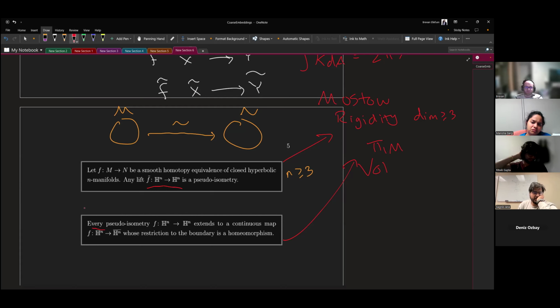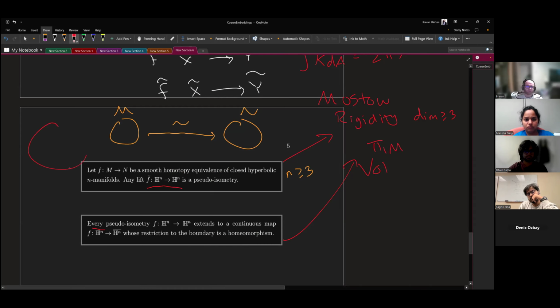So the goal here is that you can take a smooth homotopy equivalence and lift it to a continuous map on the closure. But in order to do that, you have to pass through a whole lot of stuff about quasi-isometries in between, because you very much use the fact that the boundary of hyperbolic space is given by equivalence classes of lines.